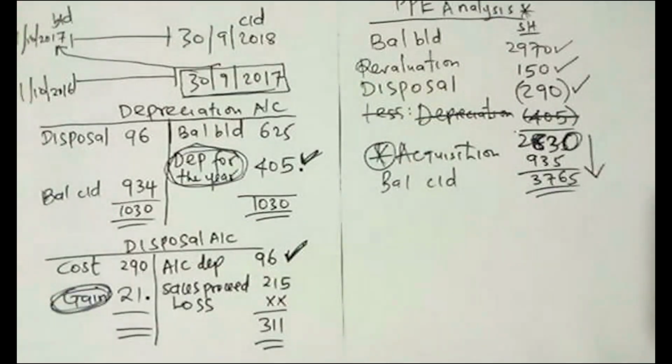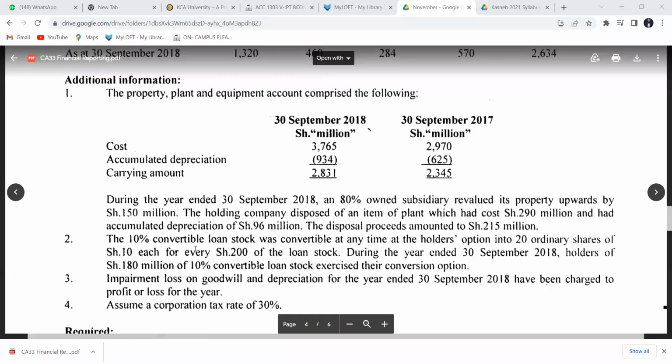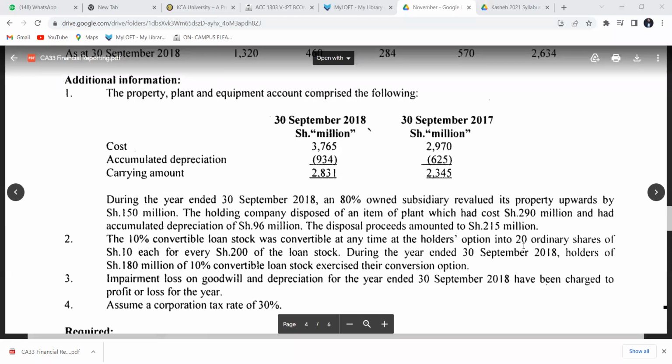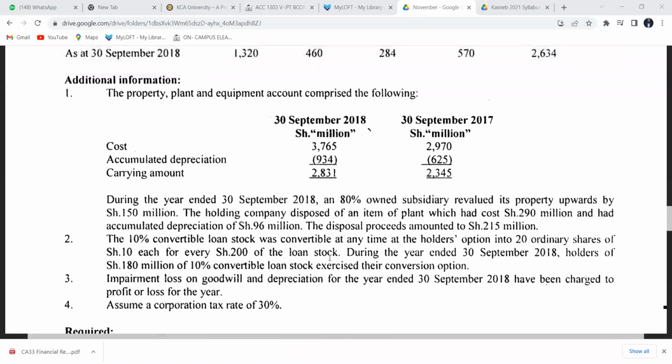So to do the next, additional information number 2. They were saying that the 10% convertible loan stock was convertible at any time at the holder's option into 20 ordinary shares of shillings 10 each for every 200 of the loan stock.